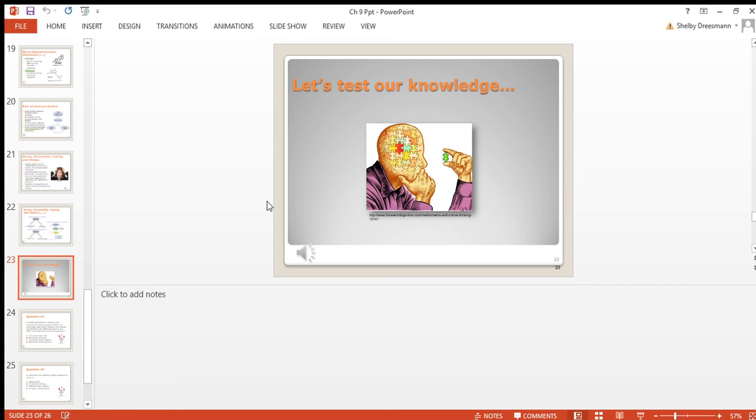It regulates the function of the sympathetic and parasympathetic branches of the autonomic nervous system. The sympathetic nervous system stimulates the adrenal medulla to release epinephrine and norepinephrine, and could cause a fight or flight response. Okay.